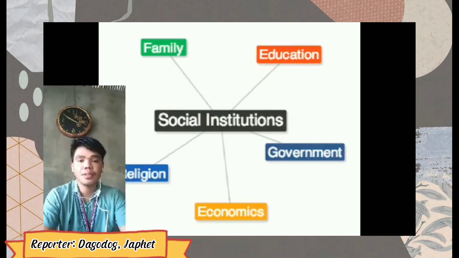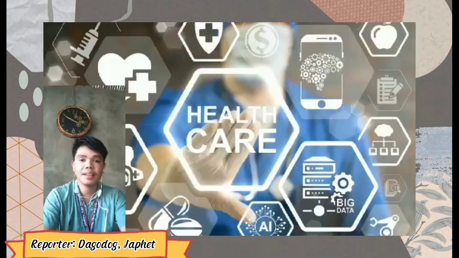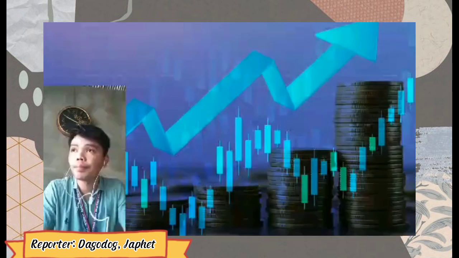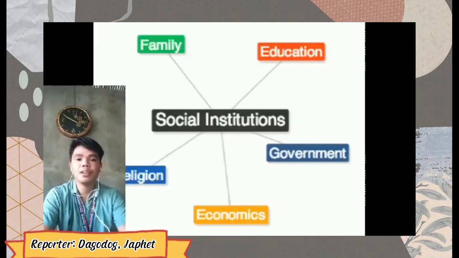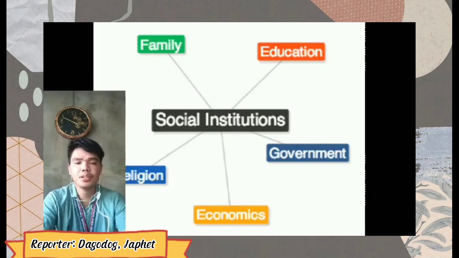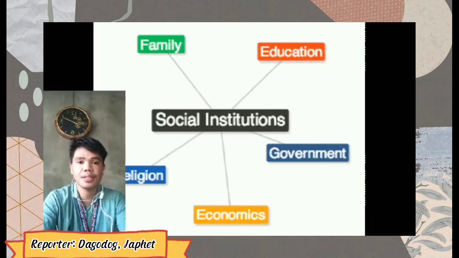These are the patterns of beliefs and behaviors focused on meeting social needs, such as government, education, family, healthcare, religion, and the economy. All the mentioned social institutions contribute a lot to the nature and system flow in order to maintain the balance, equilibrium, and momentum of a particular country.